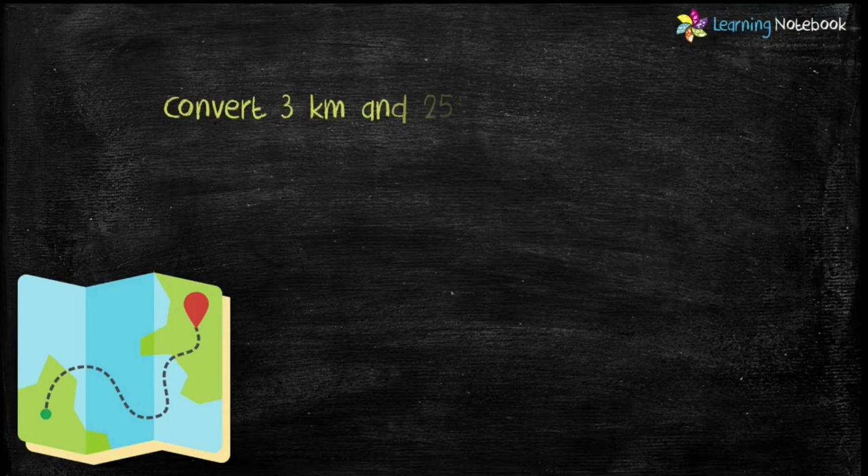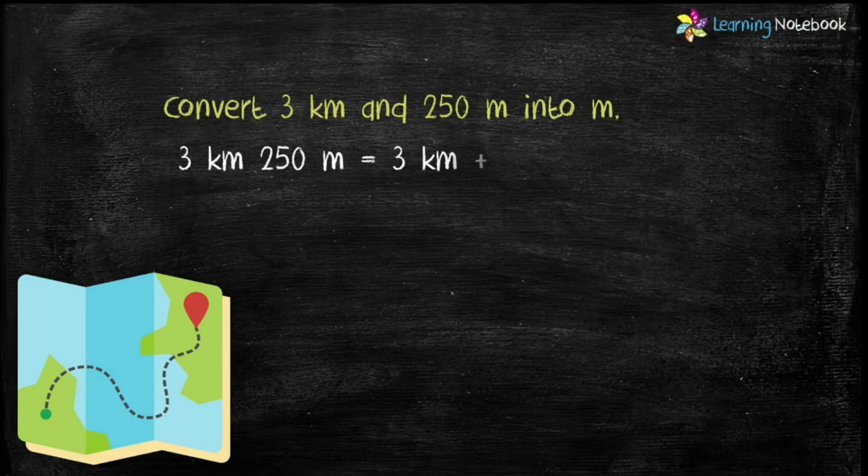Next question is, convert 3 kilometer and 250 meter into meter. Students, 3 kilometer 250 meter means 3 kilometer plus 250 meter. Now we have two terms, 3 kilometer and 250 meter. 250 is already in meter.